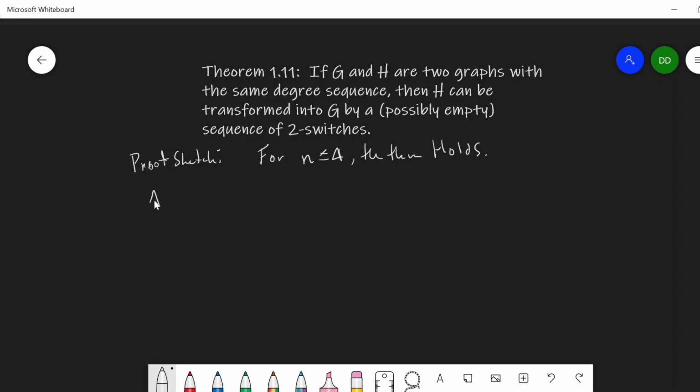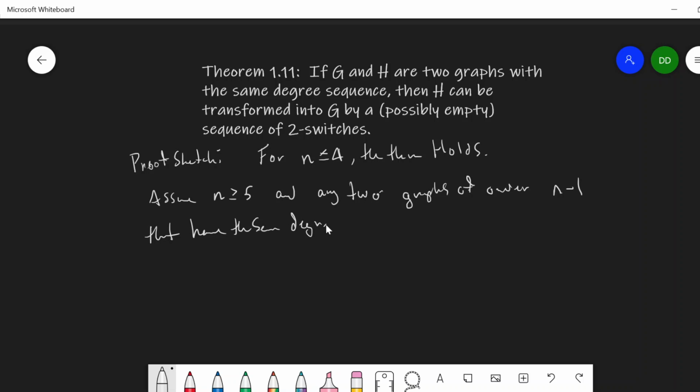So assume n greater than or equal to 5, and now our induction hypothesis: any two graphs of order, let's say n minus 1, so one less than the case that we're considering, that have the same degree sequence are related by two switches.